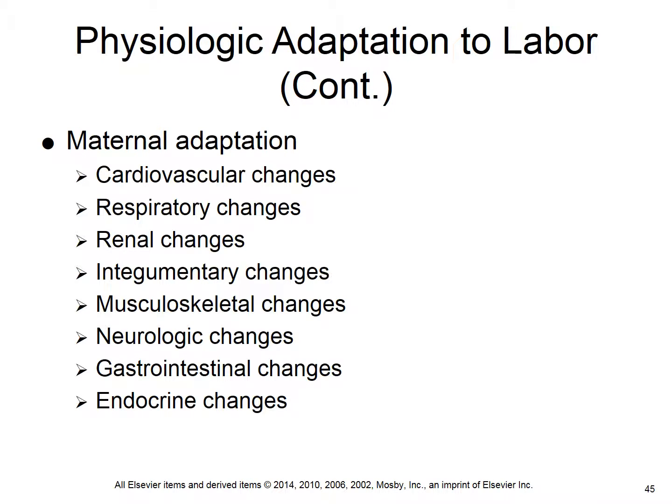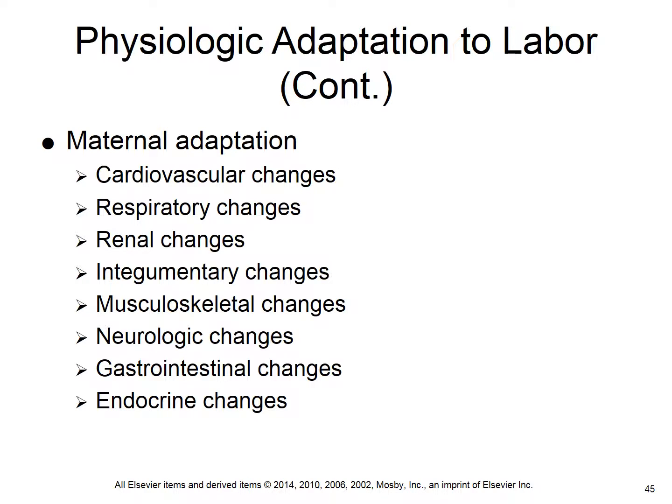An example of gastrointestinal is mom's absorption of food and gastric emptying slow down or significantly decrease, and she might experience some nausea and vomiting. As far as cardiovascular, with each uterine contraction, blood is pushed out of her uterus and back into her circulation, which increases her cardiac output slightly, which might increase her blood pressure and decrease her pulse.